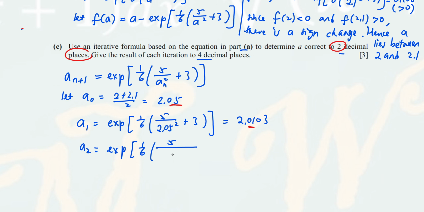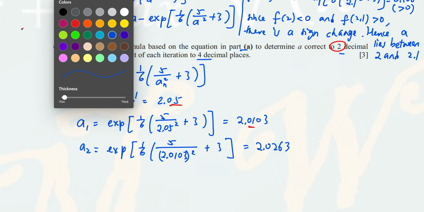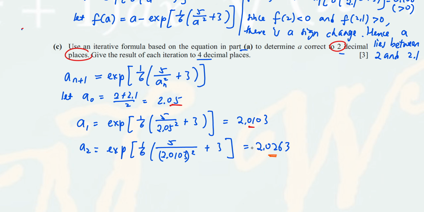So it will be 5 over 2.0103 squared plus 3. Then this is going to be 2.0263. And again, 2.02 and the previous one, 2.01, okay? They are different. And even if I round up the 2.026, it becomes 2.03. That is also different.